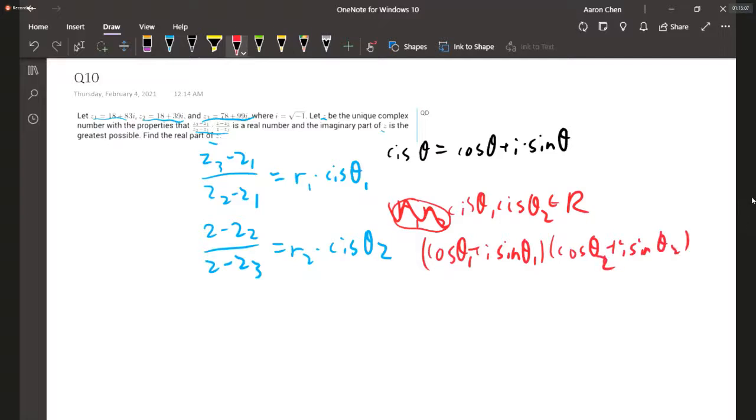This is equal to cosine theta 1 cosine theta 2 minus sine theta 1 sine theta 2 plus i times (cosine theta 1 sine theta 2 plus cosine theta 2 sine theta 1).